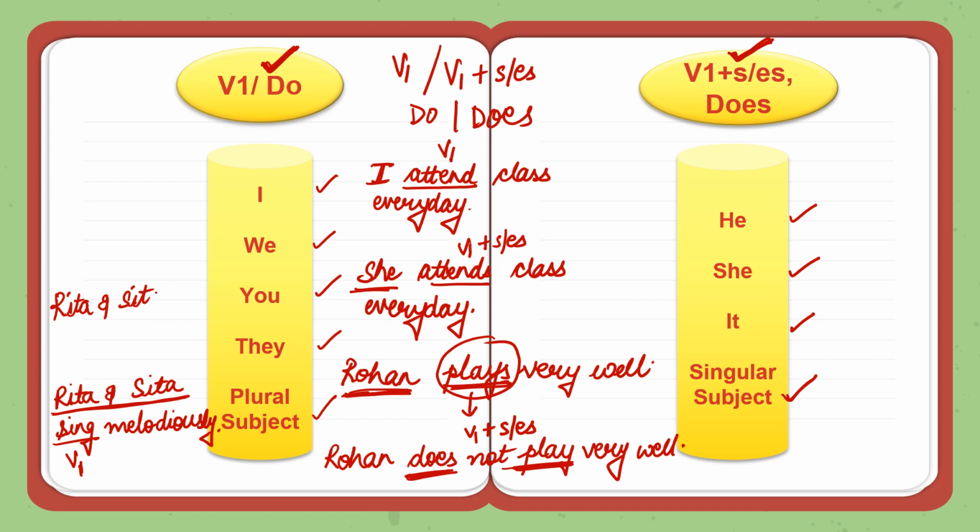Rita and Sita do not sing melodiously. Again, we have plural subject, so we will use do, not does. And after do, first form of verb. Rita and Sita do not sing melodiously.